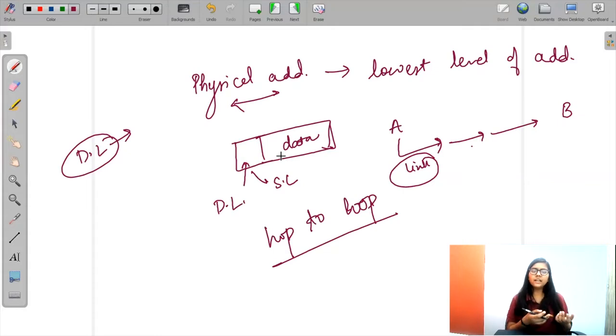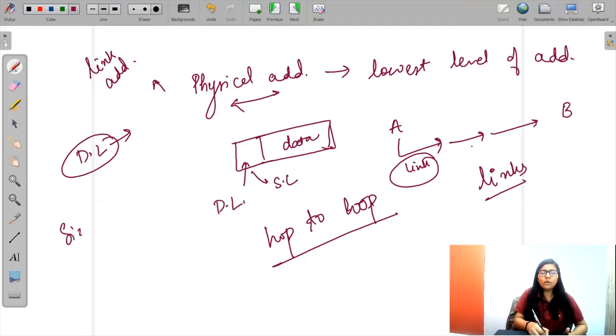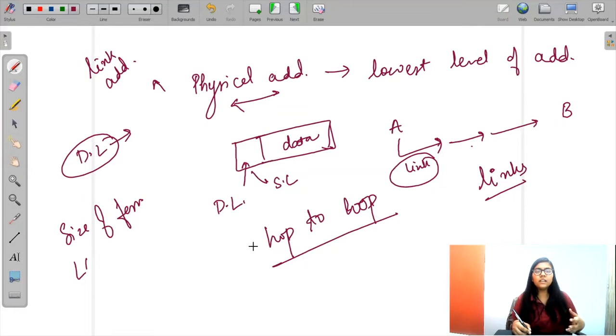Here it contains the addresses of the links, right? We also call it link addressing. Now the size and format of this addressing depends upon the kind of network it is in, so size and format here are not fixed.